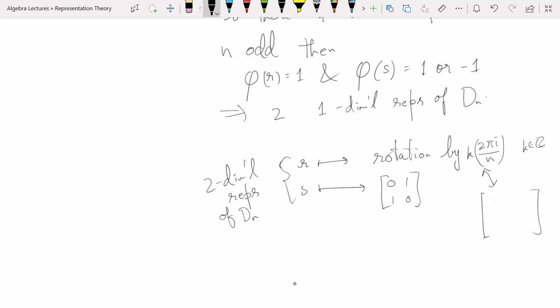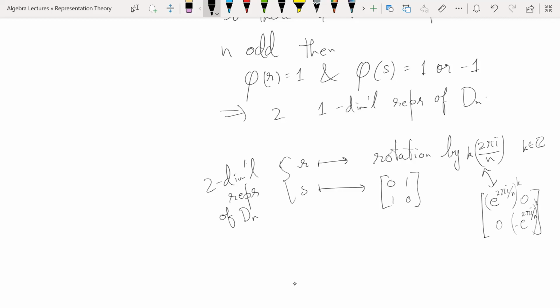So what you get is e power 2 pi i over n, and e power minus 2 pi i over n, and 0, 0. This is where you will have to send R, or maybe the power k. I'll do this in more detail next time.